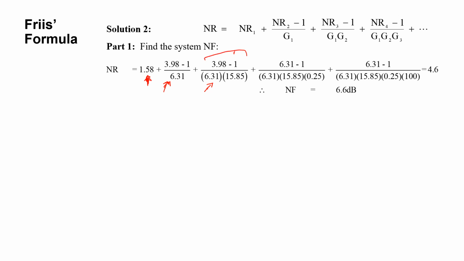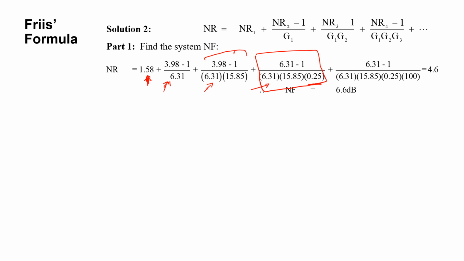At the third stage we have 0.25 multiplied by the gains here. So this stage will actually have a low value at the denominator.